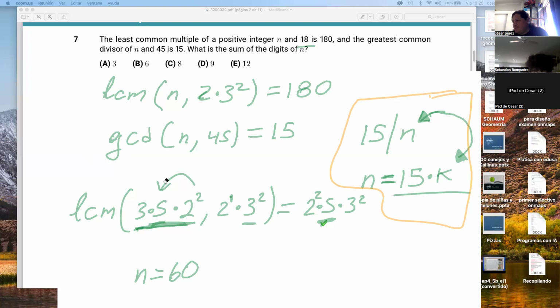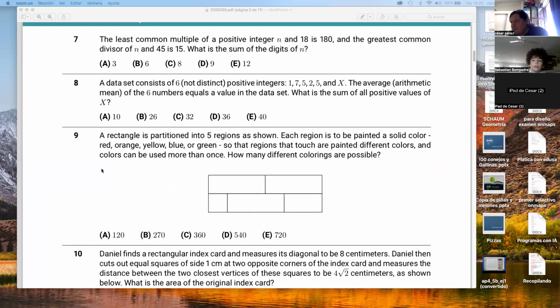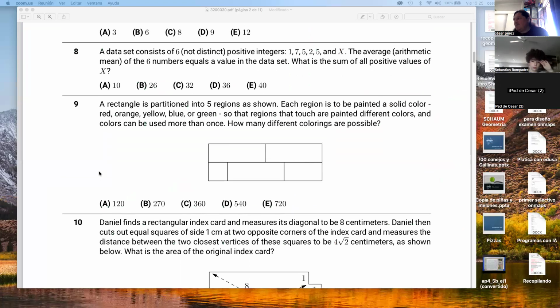Do you have some question? Do you have some doubts? No. Okay. Let's work with the next one. That consists of 6 distinct positive integers: 1, 7, 5, 5, 2, 5. Next, the average of the 6 numbers equals a value in the data set.